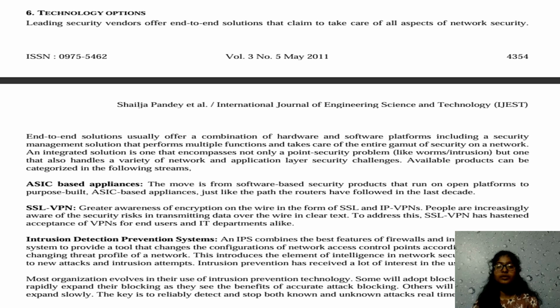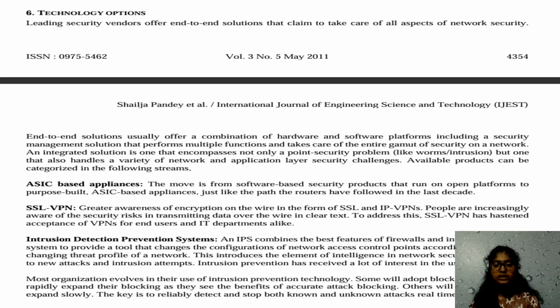Coming to SSL VPN, VPN is nothing but virtual private networks. A virtual private network with SSL encryption ensures secure communication, preventing the detection and security risk of transmitting data over the wire in clear text.